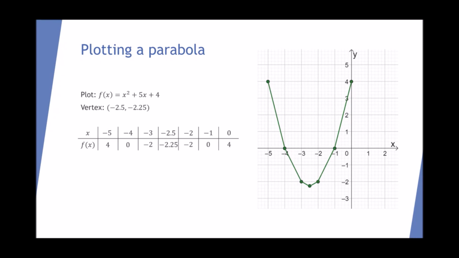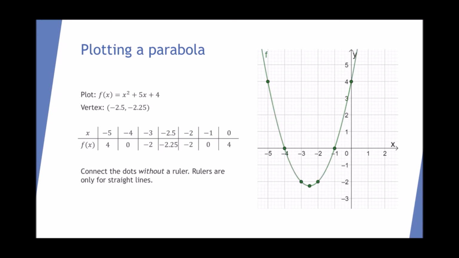Unfortunately, that would be where you're wrong, because rulers are only for when you have to make straight lines. A parabola is not a straight line. So as messy as it's going to get, this one you're going to have to freehand and just try to connect the dots as best you can. And if you do that without a ruler and you just try to connect it properly, you have your parabola.